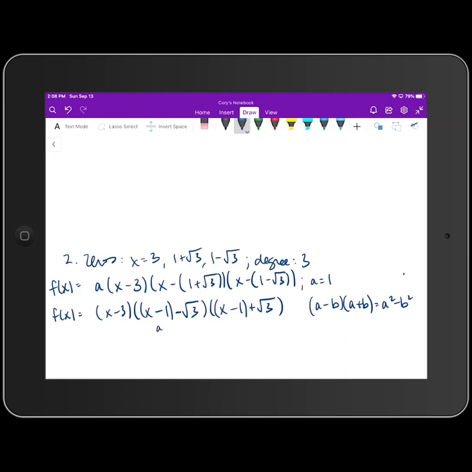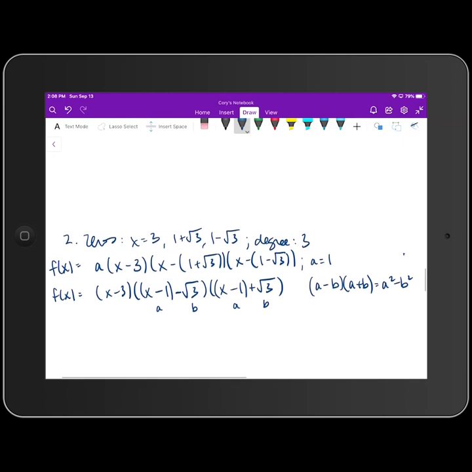So if x minus 1 is our a value and rad 3 is our b value, then this is going to become x minus 1 squared minus rad 3 squared. x minus 1 squared is x squared minus 2x plus 1, minus rad 3 squared, which is 3.